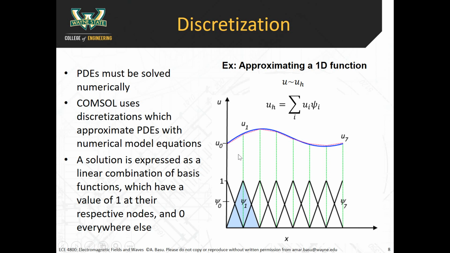The way that COMSOL describes it is that this solution can be expressed as a linear combination of basis functions, multiple basis functions, one for each element that you've drawn. You can see here that we've broken up the segment into 7 elements. The solution at any one of these points is a linear combination of the basis functions, which have a value of 1 at the respective nodes and 0 everywhere else.